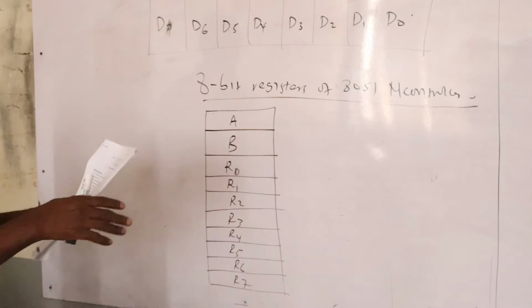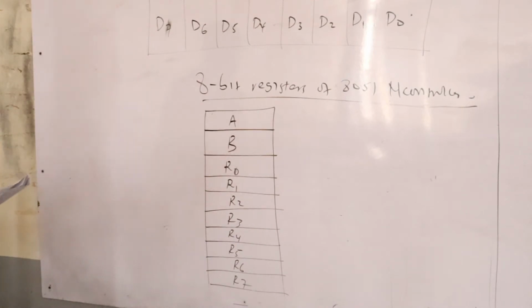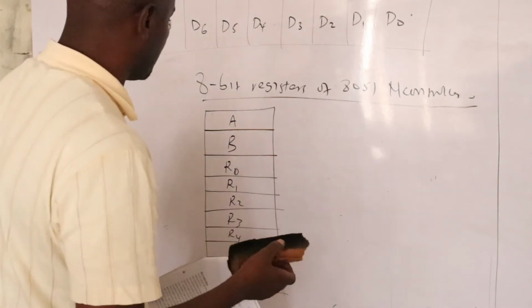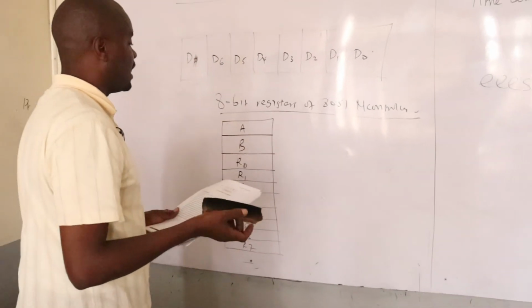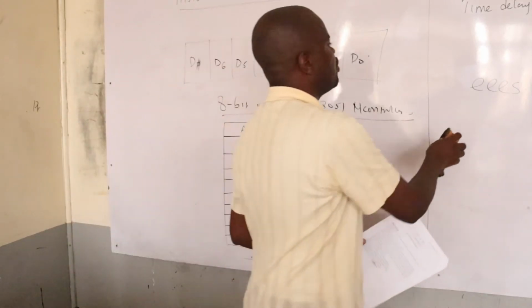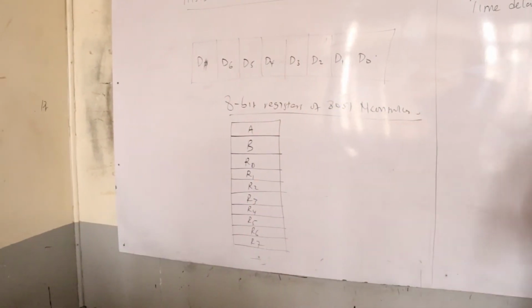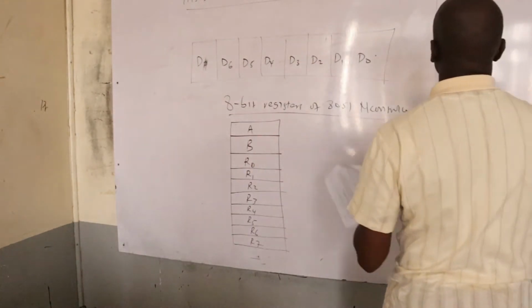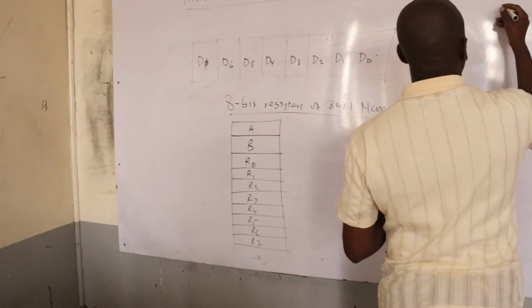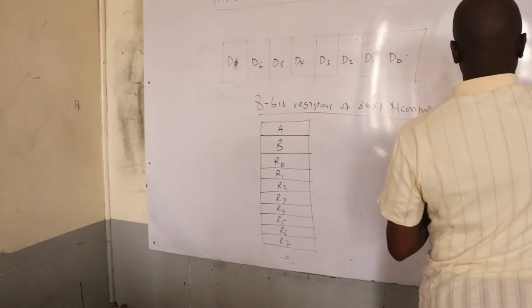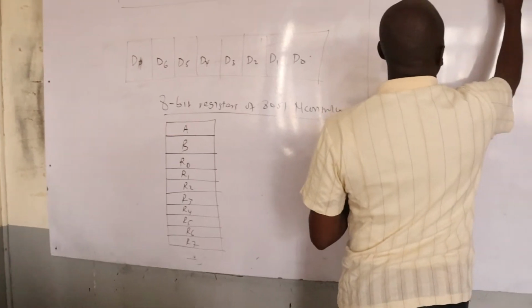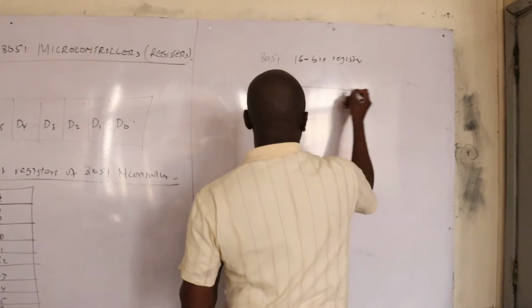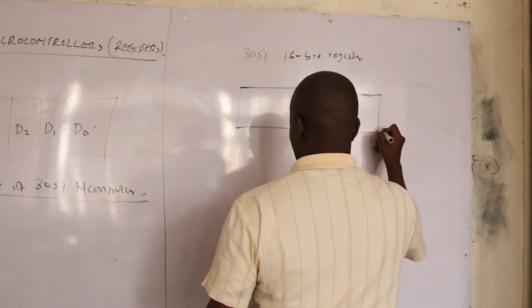And again, we also have the 16-bit registers that are used. I'm not saying that these are all the registers that are always used, but rather that these are the commonly used general purpose registers. When you talk of the 16-bit registers, we are going to talk about the DPTR. For the 8051, we can divide the 16-bit register into two so that each part represents 8 bits.